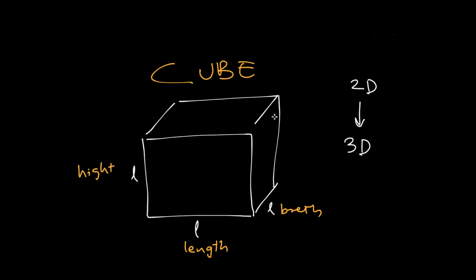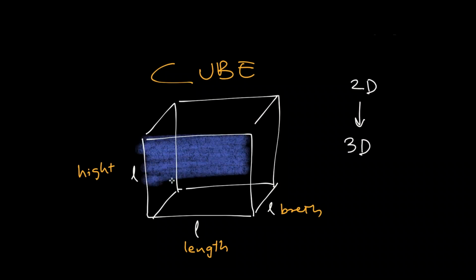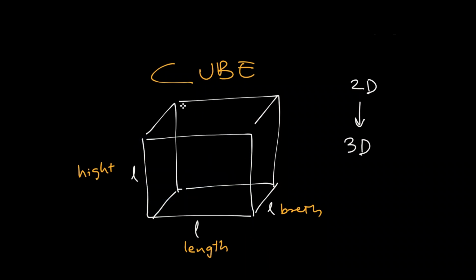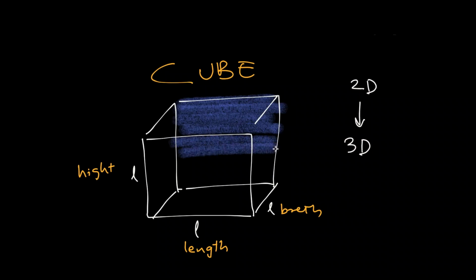The cube has 6 sides. How is that? Let's say this is the inner portion of the square. This first shape is the front face. In the same way you will have the back side, which is exactly the same as your front face.